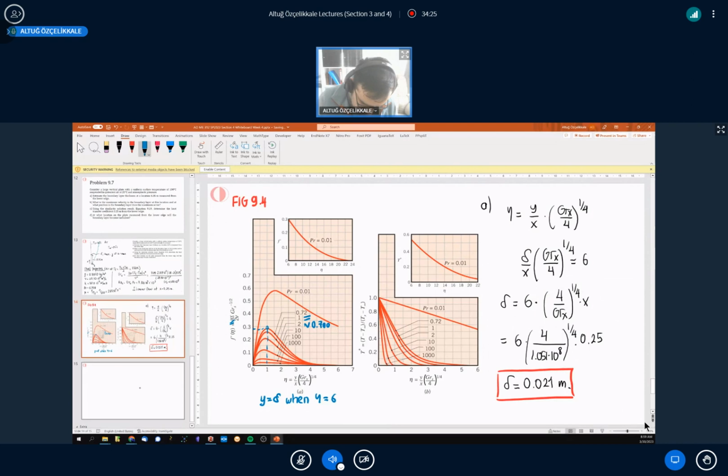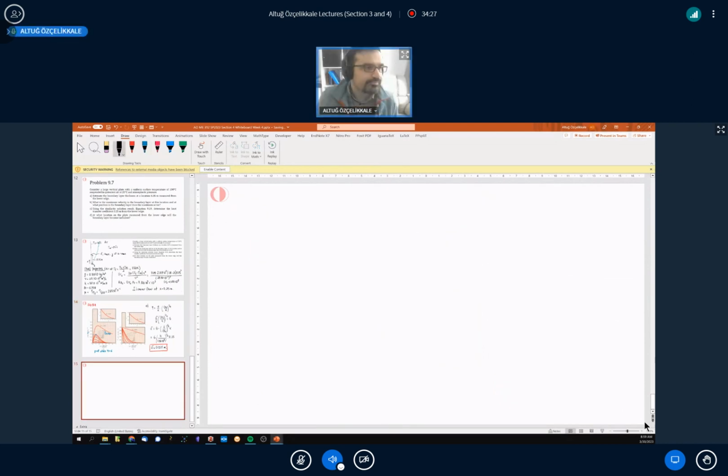From this plot, it is about 0.275. I'm reading it by eye. We are doing something similar to what we did with the Moody chart, or even back in 311, where we would read fin efficiency from the plot. So that's the same thing we are doing. We have Prandtl number equal to 0.7, and conditions are laminar.